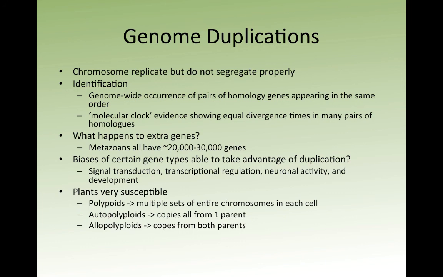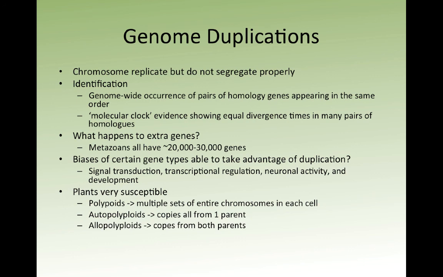Another thing that can happen is that there are certain types of genes that are able to best take advantage of duplication. So when there is a duplication event, these are the genes that are able to allow for a certain building up of specificity and maintain a functional role.